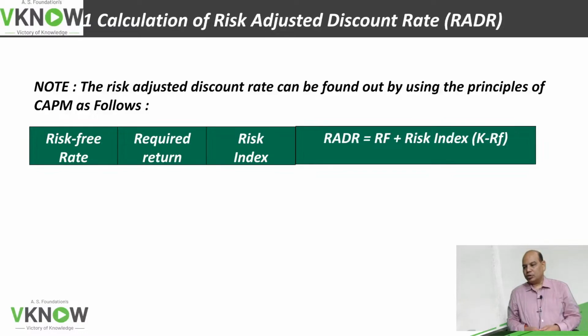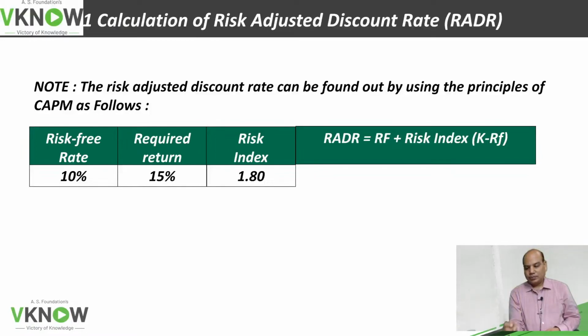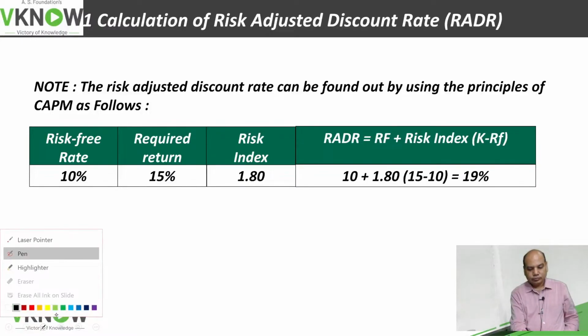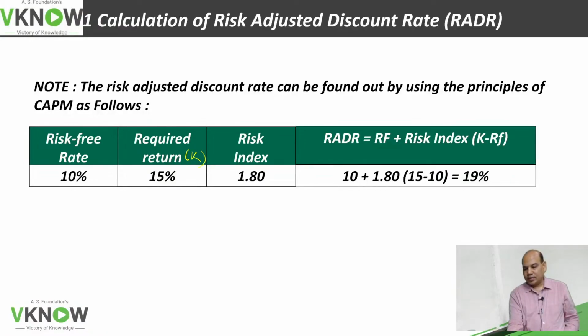Okay, so let us solve. First one, risk-free rate 10%, required return 15%. Let us call it K. Risk index 1.8.